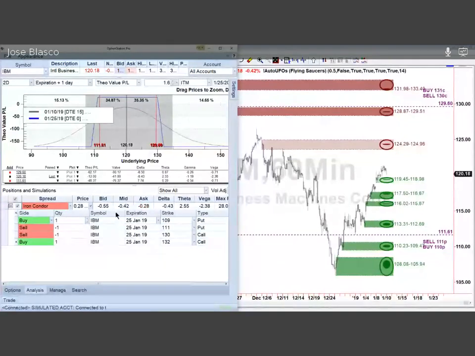Okay, so by doing this trade, we may get anywhere between 40 to 50. Maybe we're going to try to get 50 cents times 100, which is $50 per iron condor. And the beauty of doing this iron condor is that you have two choices on how to execute it. You can execute it using stop orders, or you can do it without stops. Because the two options that we bought, the 109 put and the 132 call, are acting as your stops.